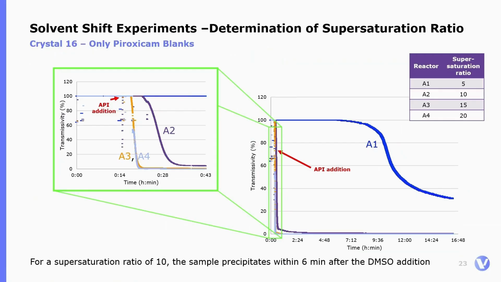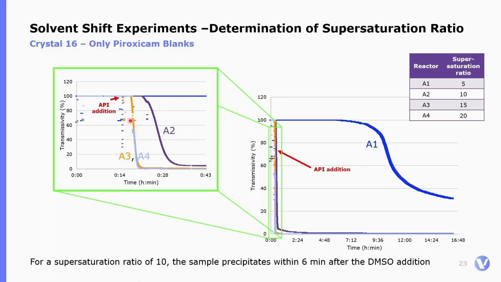Here I've included the graphs to illustrate what's happening. At 0% on the y-axis, we have a solid suspension. If we zoom in on the first 33 minutes, the difference between the supersaturation levels becomes very clear. At a ratio of 5 without any polymers, the solution remains stable for hours before precipitation starts. In contrast, at a supersaturation of 10, we see precipitation beginning just 6 minutes after the addition.